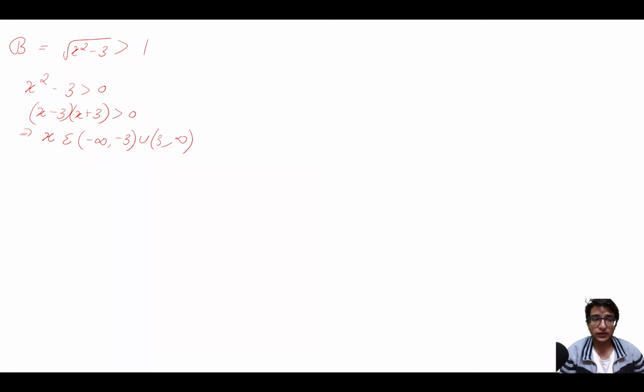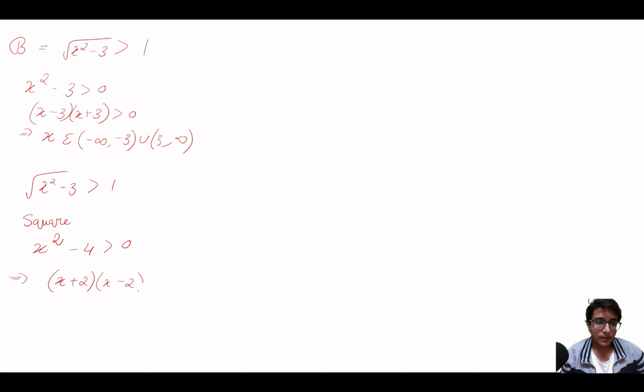Now let us solve this inequality. We have root under x square minus 3 greater than 1. So I'll square both these sides. After squaring we get x square minus 4 greater than 0. So here we would have x plus 2, x minus 2 greater than 0. So from here what do we get? X belongs from minus infinity to minus 2 union 2 to infinity.